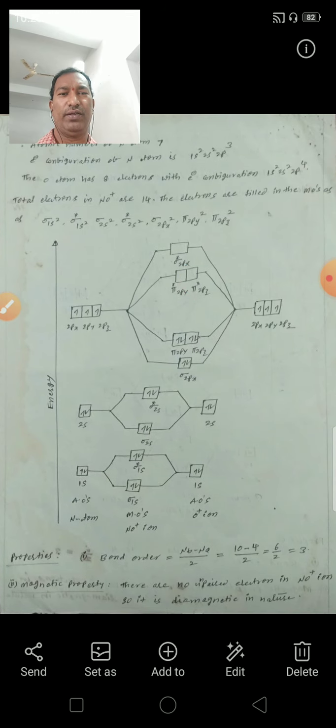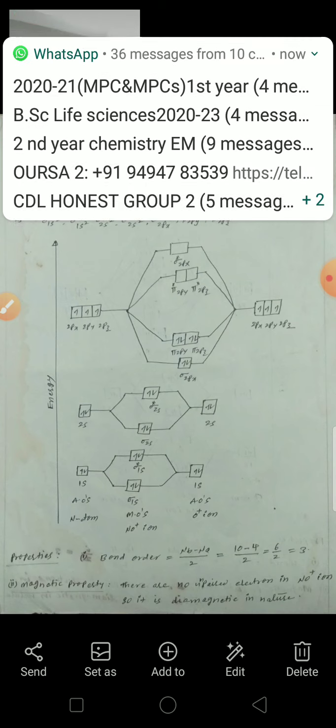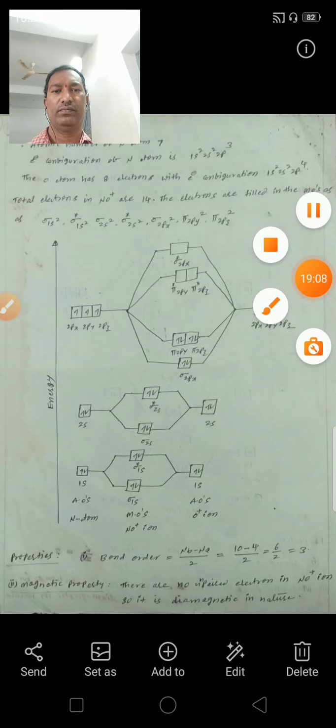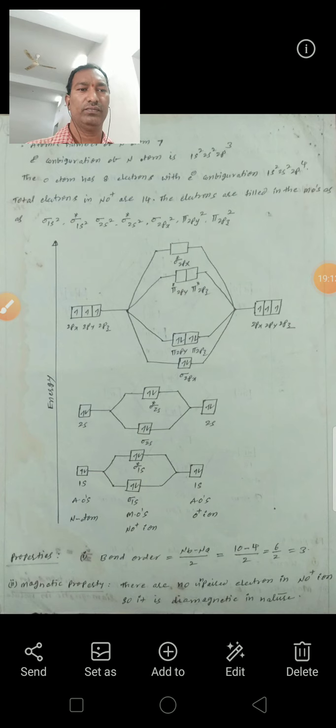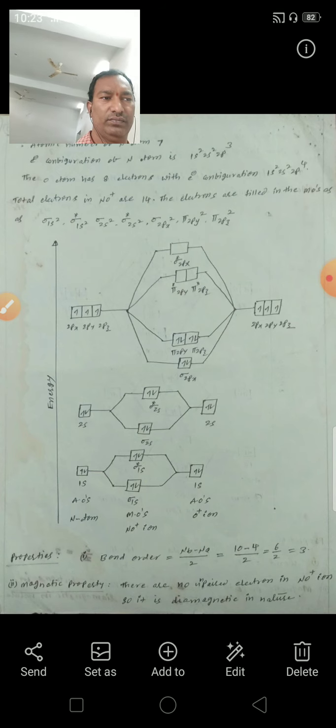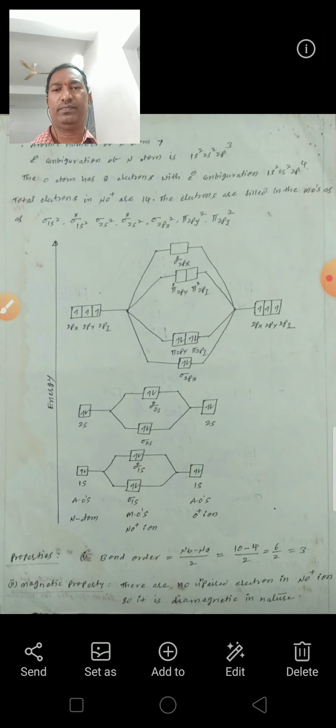NO plus molecule. See here, the NO plus molecule.